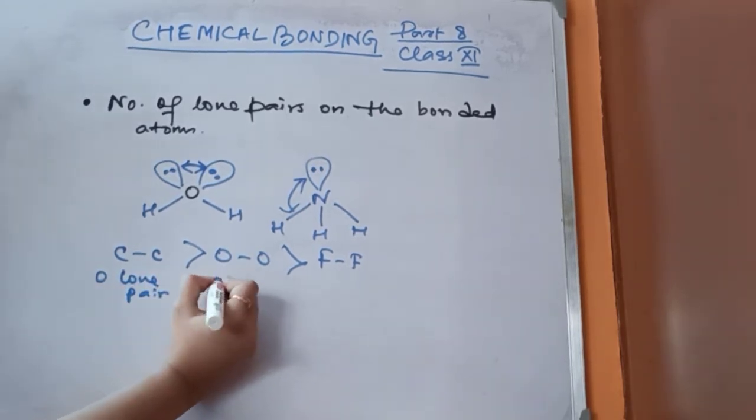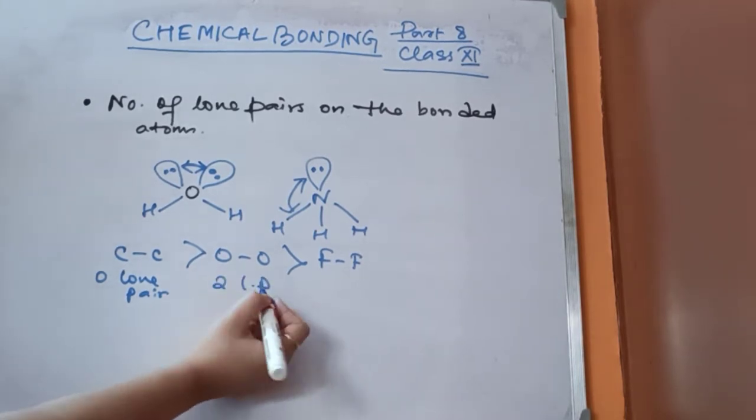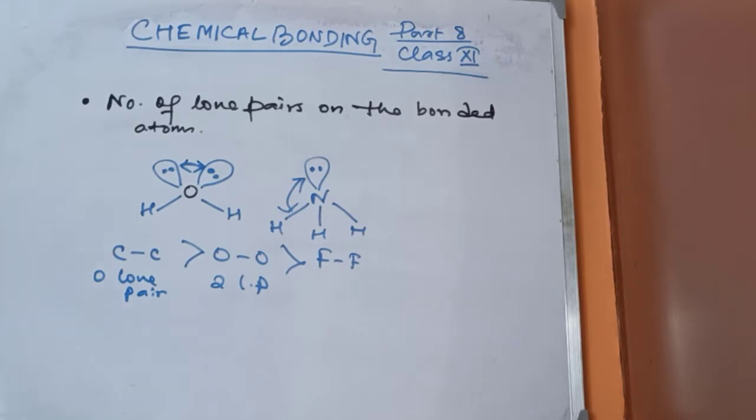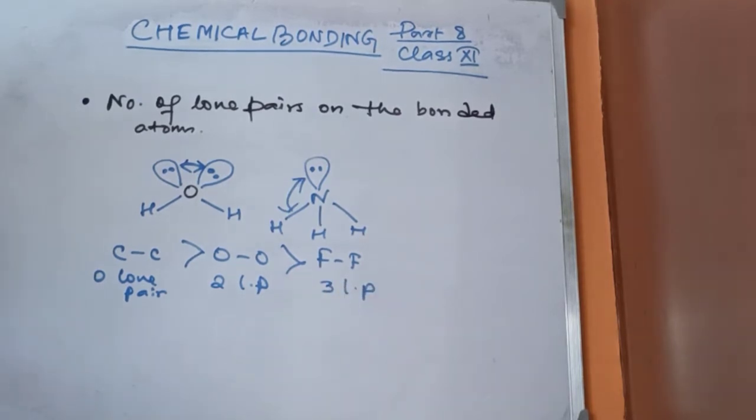On oxygen, there are two lone pairs. On fluorine, there are three lone pairs. LP means lone pairs. Okay, so this is number of lone pairs on the bonded atoms.